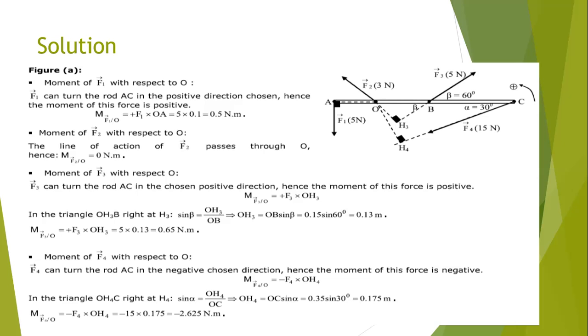Firstly, if we are going to calculate the moment of F1 with respect to O, by definition the moment of F1 is equal to F1 times the lever arm, for example A1, relative to F1. This is F1.